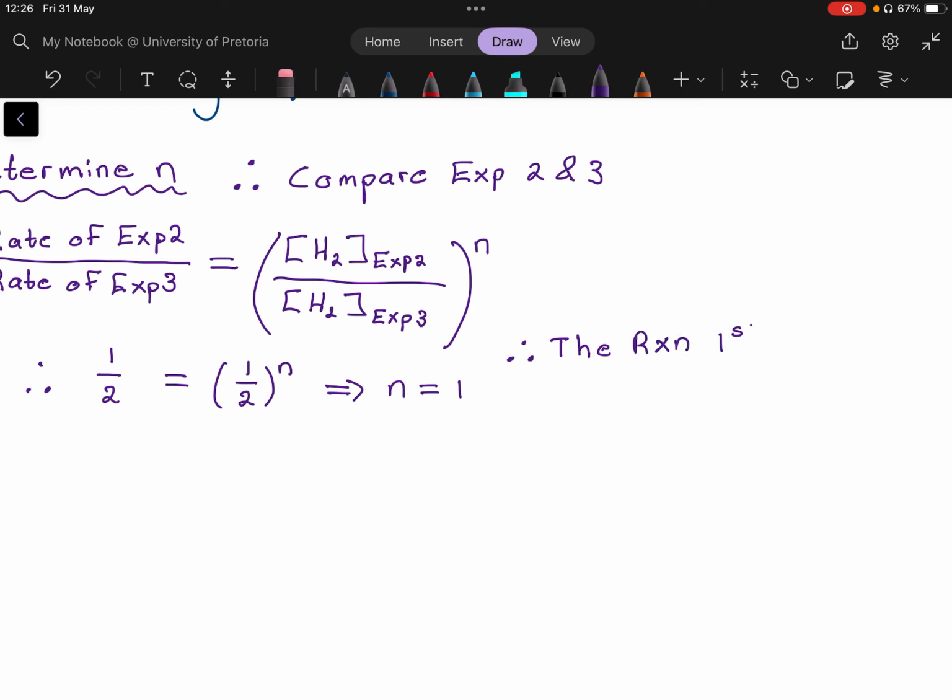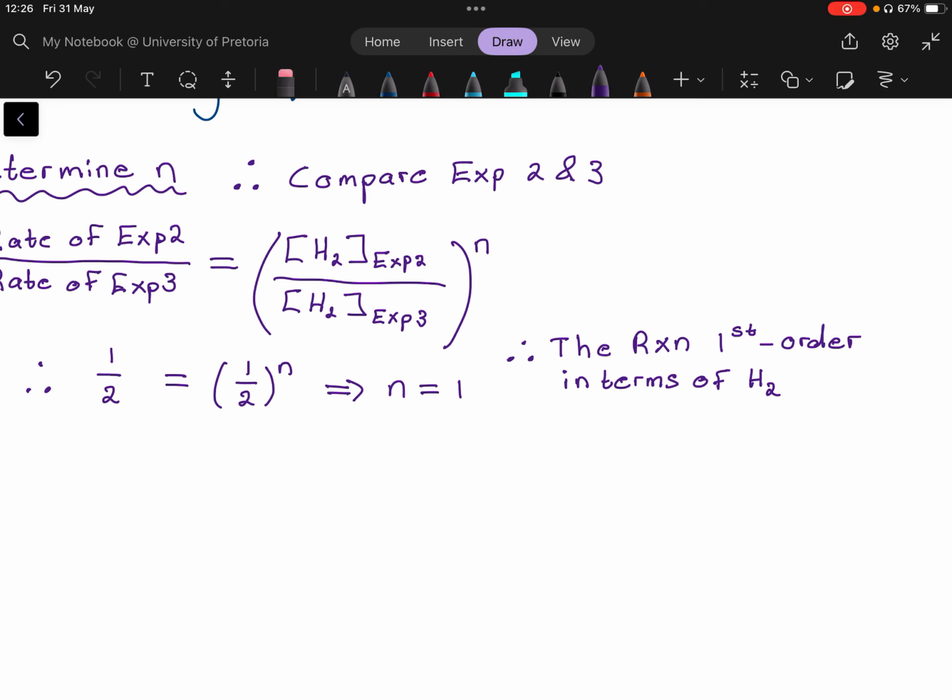So, this means that if you were to, for example, double the concentration of hydrogen, the rate will only double.